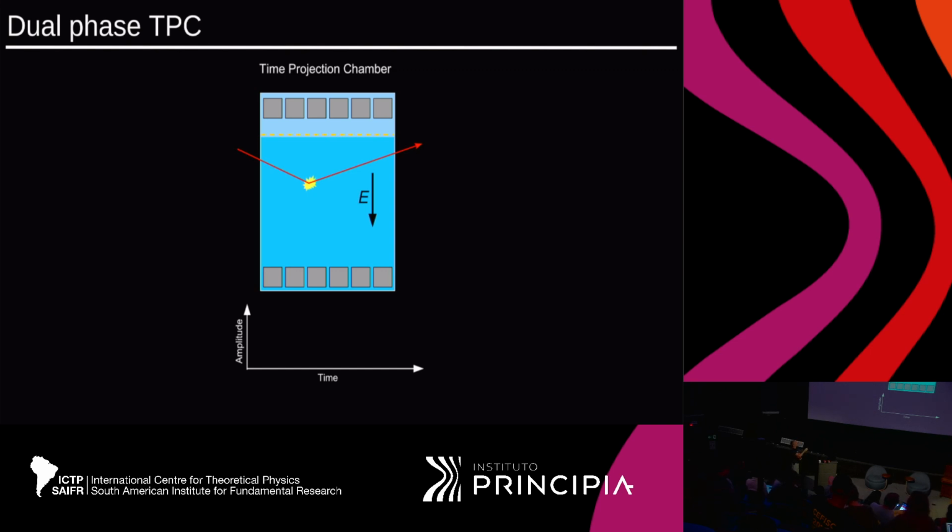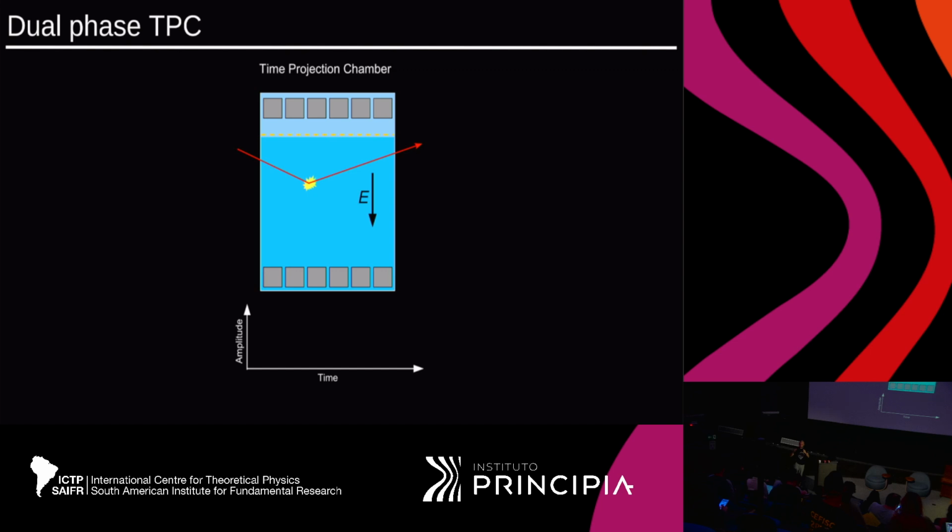So in this design, what you have is a vessel in which you have 2 phases. One phase that is the main phase, it's liquid, and then you have on the top a little bit of gas. The reason for doing this is that in addition to light sensors surrounding this volume, you also have here, just above the surface of the liquid, a grid that has a very, very high electric potential.